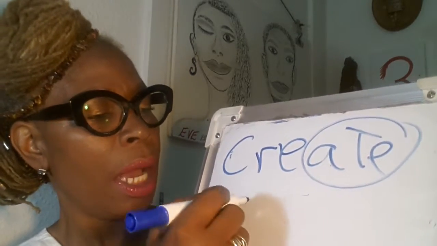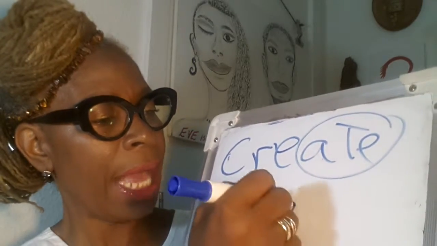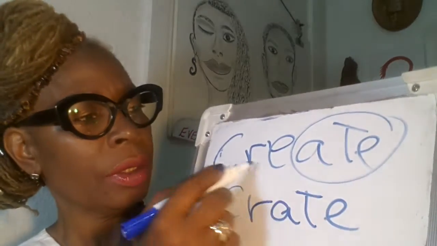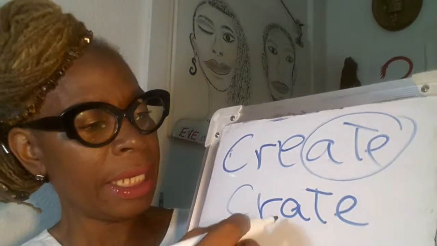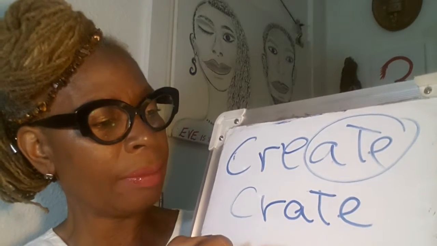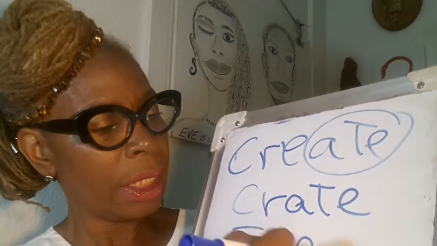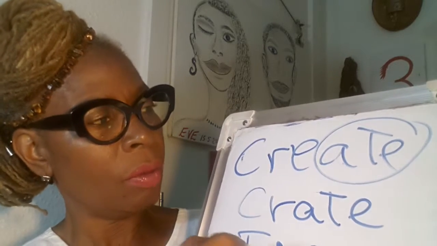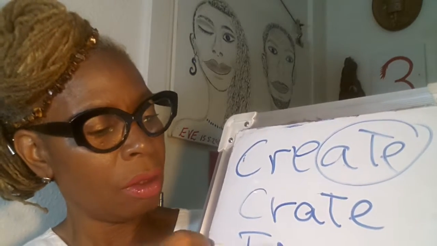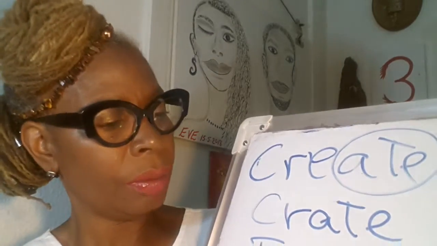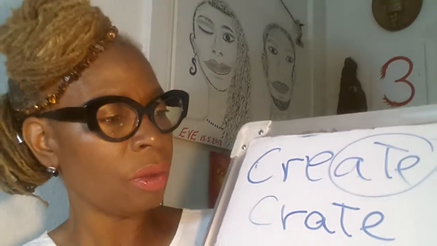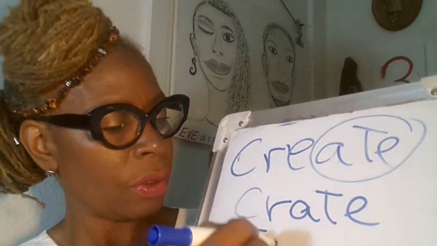Now the word crate, C-R-A-T-E, or the word treat, T-R-E-A, well, there's only one T. Okay, so let's just keep it simple. So talking of tea, there is also tea.